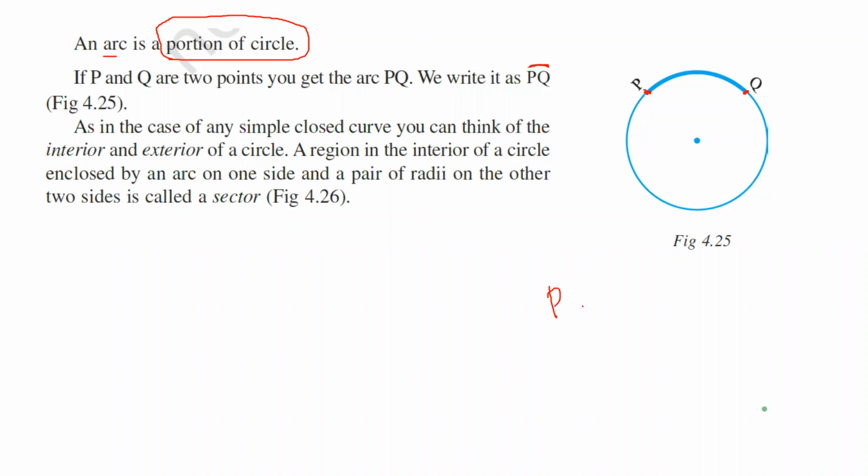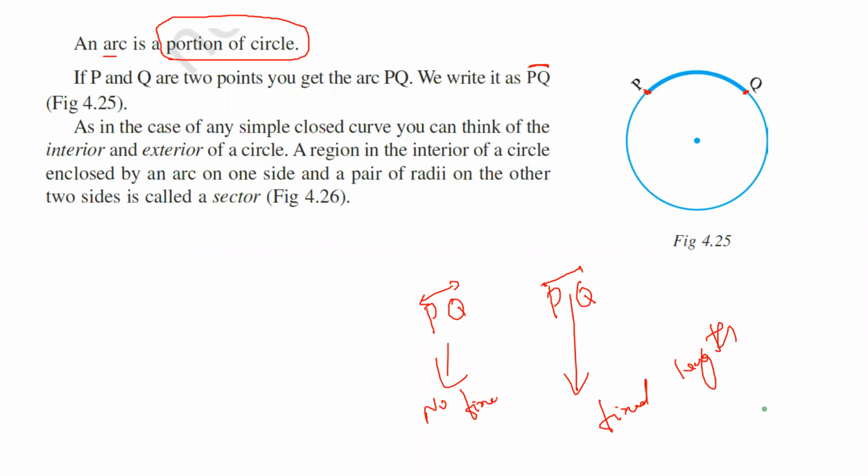Otherwise, if you draw like this, it is a line segment, and if you mark like this, it is a line. See the difference: this is the line segment, this is the line, and this is the arc. A line segment has a fixed length, and a line has no fixed length.